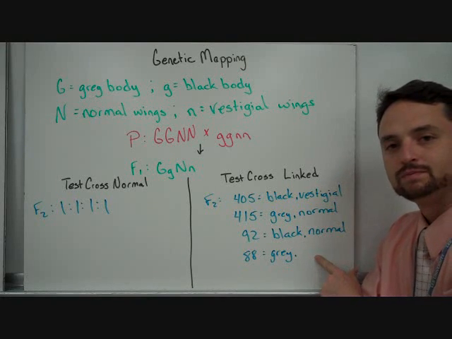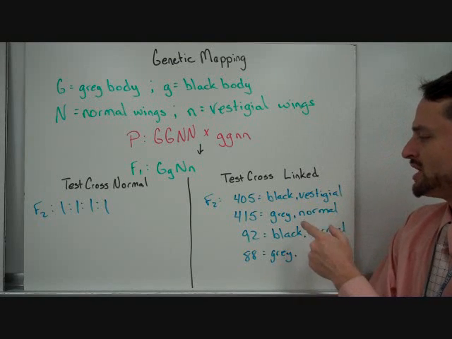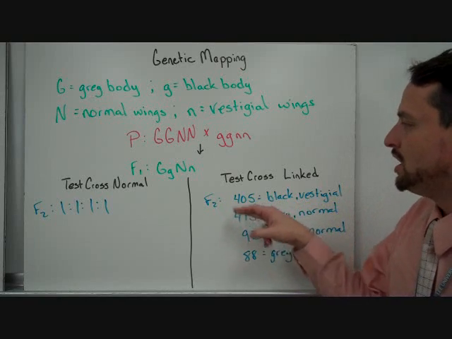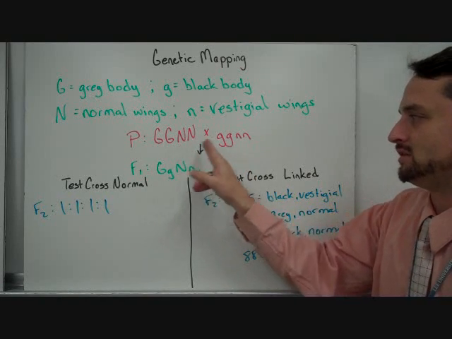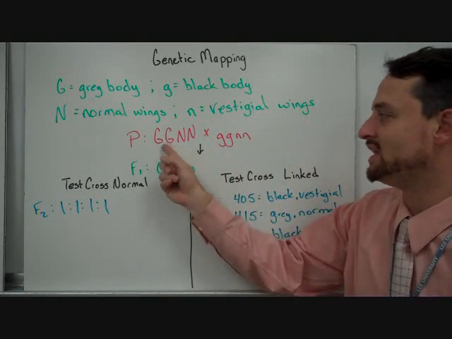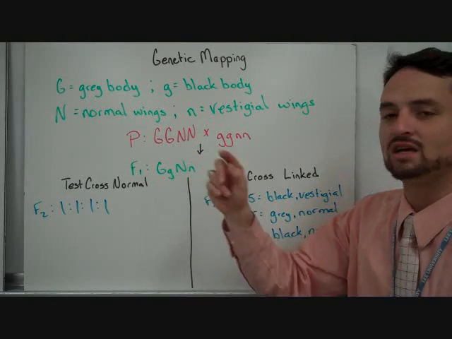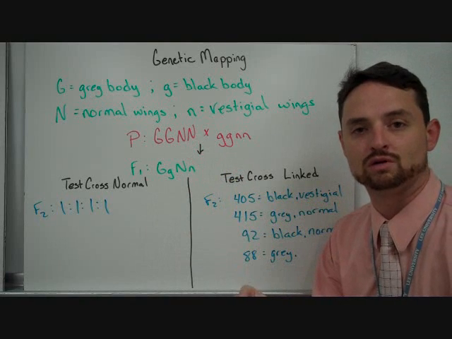Okay? So when you look at this, the two most common traits were actually what you saw in the parents, which would say that the gene for body color and the gene for wing type would be on the same chromosome.